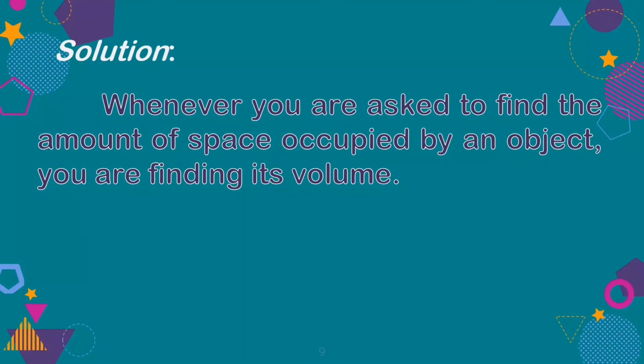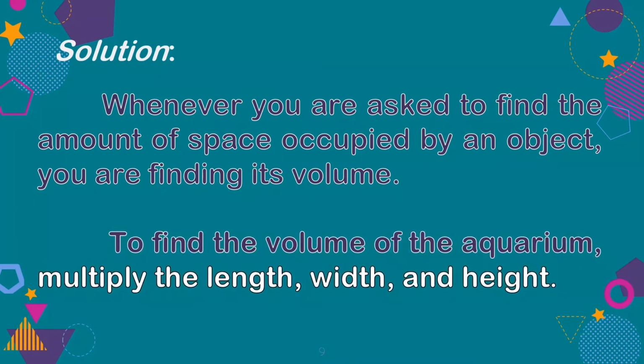Solution. Whenever you are asked to find the amount of space occupied by an object, you are finding its volume. To find the volume of an aquarium, multiply the length, the width, and the height.